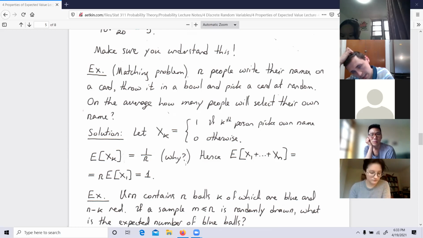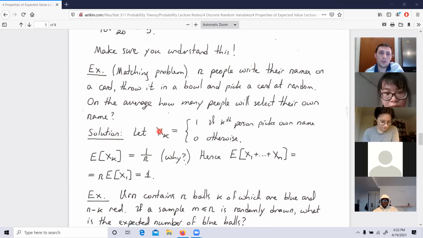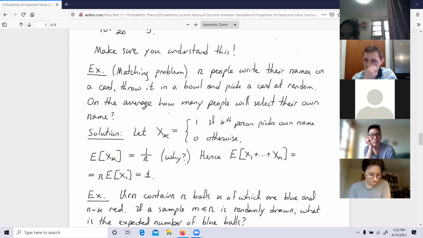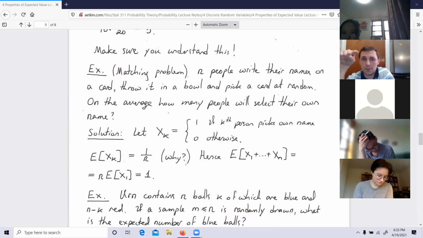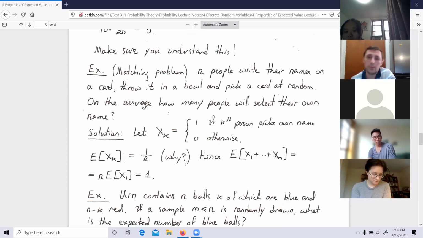Clear? Now, when viewed individually, they are identically distributed. So what's the probability that person k picks his own hat? He can pick any hat, there is no preference. It's either hat 1 or 2 or 3 or all the way to n, with only one outcome being hat number k. So 1 over n is the probability that this person will pick his own hat.